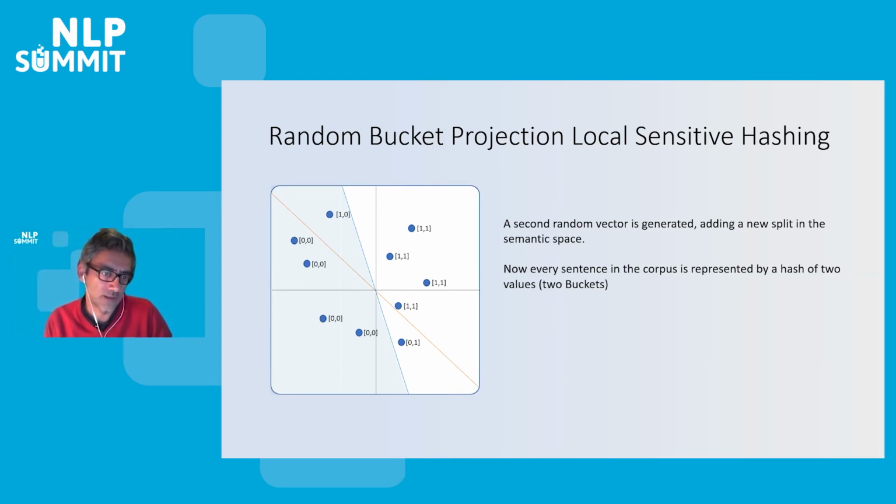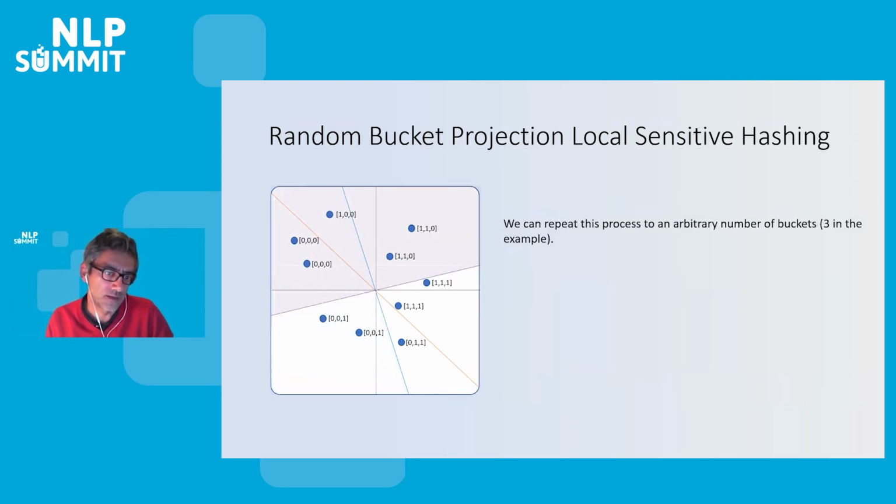So now we are representing every entity with 2 binary numbers, a hash of 2 values, let's say. We can repeat this again and again and have a third random vector, and we will get all the entities represented by 3 numbers, or all the entities being grouped in buckets represented by a hash of 3 values.